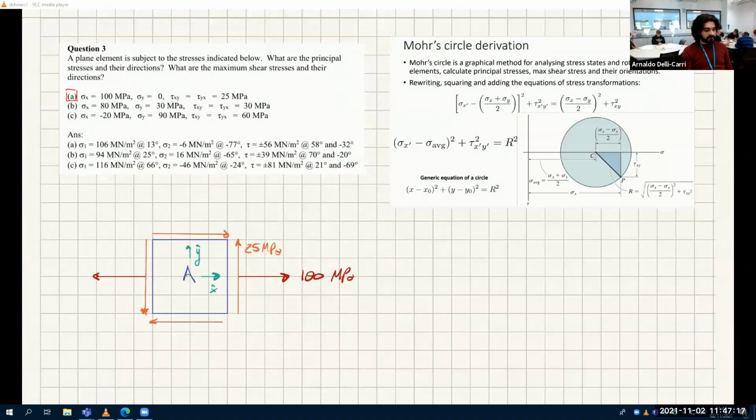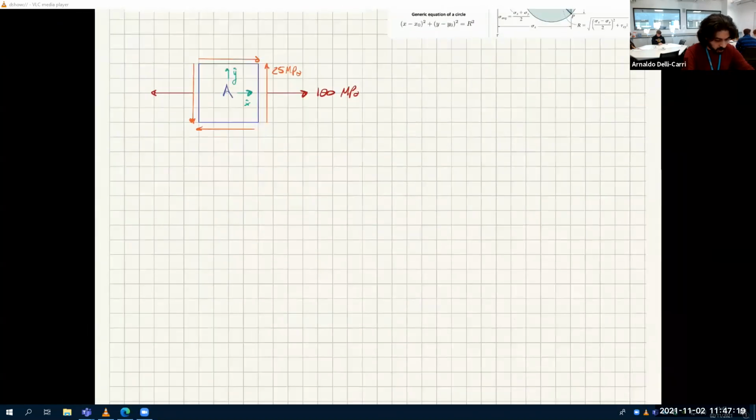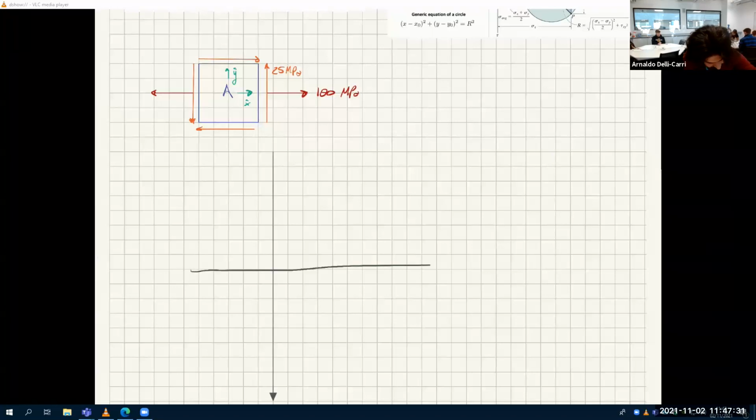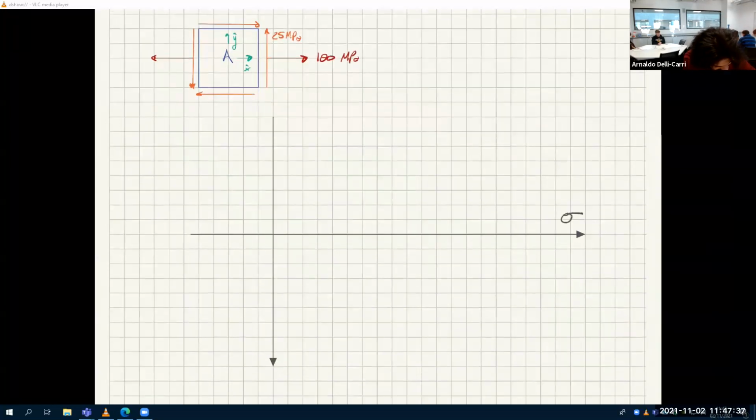Now, let's use the Mohr circle to find the principal stresses and the shear stresses. These are the axes, the sigma axis and the tau axis. Remember, this is the counterclockwise, this is the clockwise direction. And so you have that.